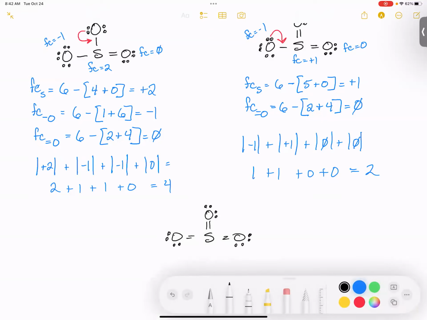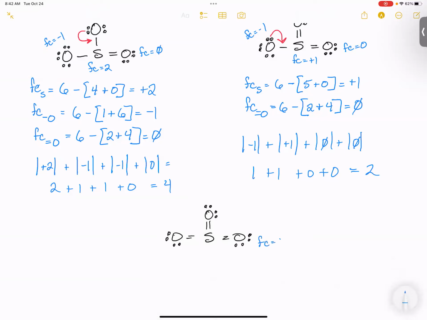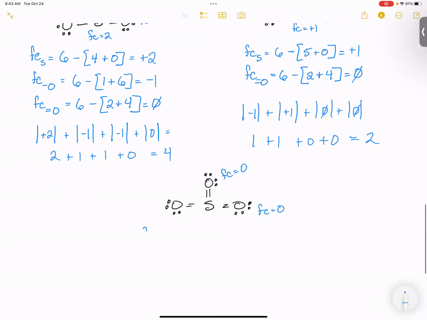The elements we did not alter, they still have the same formal charge. So this one still has a formal charge of 0. This one has a formal charge of 0. The question is, what did we do to the other oxygen and the sulfur? So the formal charge on our sulfur is going to be equal to 6 valence electrons minus 1 for every bond. It now has 6 bonds plus 1 for every dot, so it has 0. So it now has a formal charge of 0.